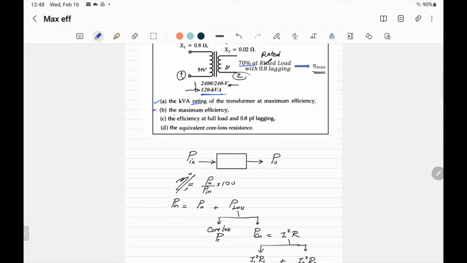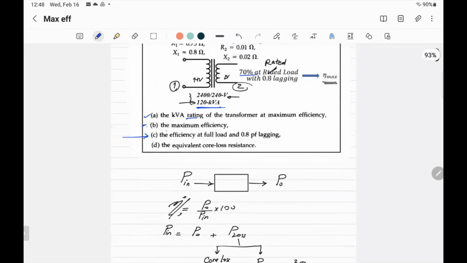The third one is the normal one: calculate the efficiency at full load and 0.8 power factor. Like, you want to calculate the efficiency when it's not the maximum, when you have the full load. Work together in pairs in this practice and calculate this one, efficiency at full load. You have all the information here.